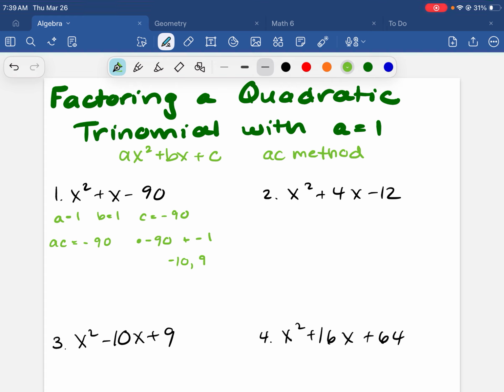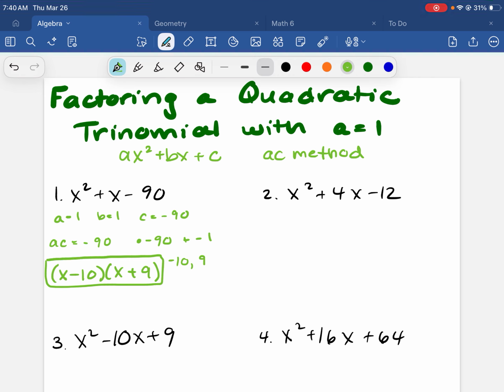Negative 10 times 9 is negative 90, and negative 10 plus 9 is negative 1. Negative 9 and 10 would also multiply to negative 90, but that does not meet the criteria of adding to the b term. So our two numbers, negative 10 and 9, we put into our factors. So x minus 10 and x plus 9. And that's how we factor.